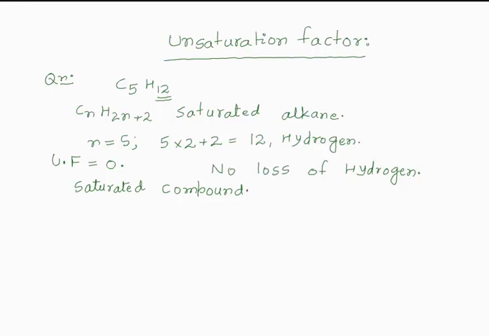Now the next problem we have is to find the unsaturation factor for C6H8. So what is the unsaturation factor for this compound? Now you see, for 6 carbon we require 6 into 2 plus 2, that is 12 plus 2, that is 14 hydrogen needed.